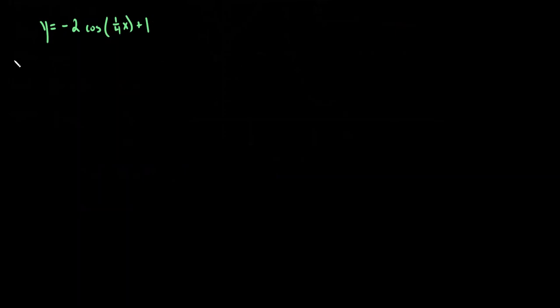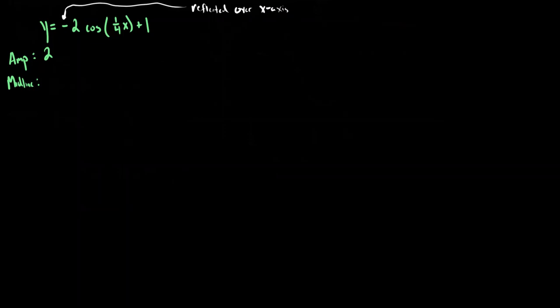So I'm going to first find what the amplitude and midline are. Now the amplitude, absolute value of A, is 2. Now remember, that negative just means it's reflected over the x-axis. Now, cosine normally starts at the maximum.